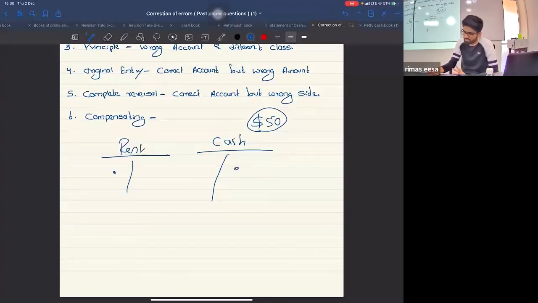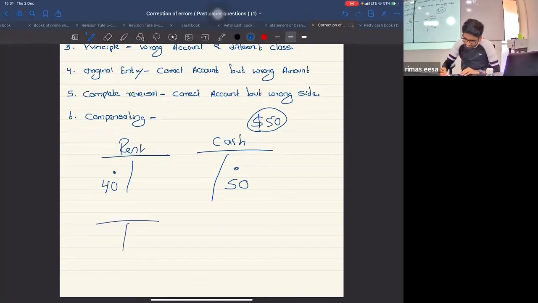But by mistake, you debit 40 here and credit 50 here. Will your trial balance balance? It won't balance, because debit and credit are not equal.